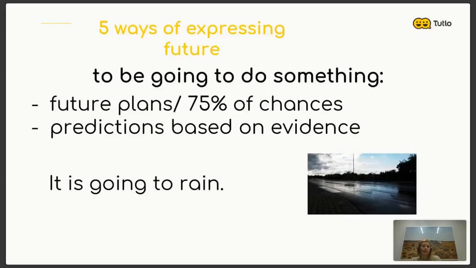I look at, for example, this is my bottle. I look at the bottle and it's like this, and you say, oh, watch out, it's gonna fall down, for example. So if you see the evidence, if you see that something is gonna happen, then predictions based on evidence. In Polish, if you translate it, to są takie przypuszczenia oparte na dowodach.